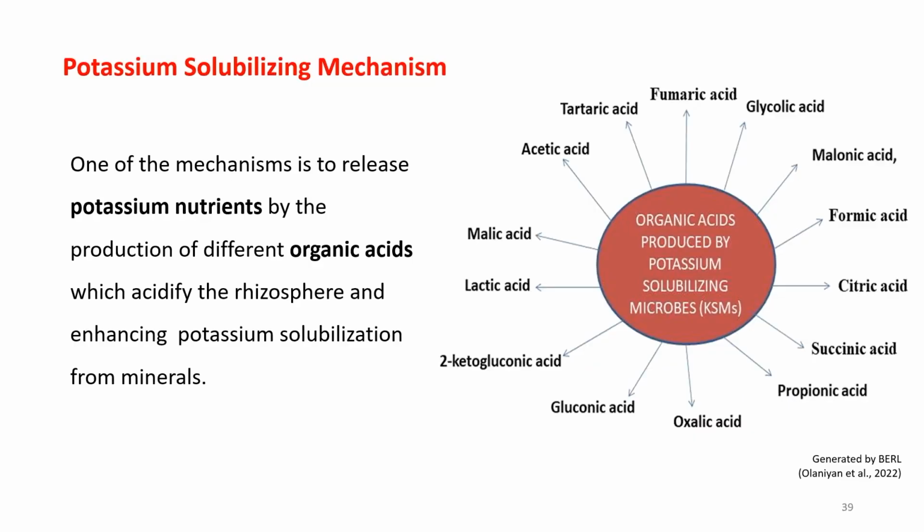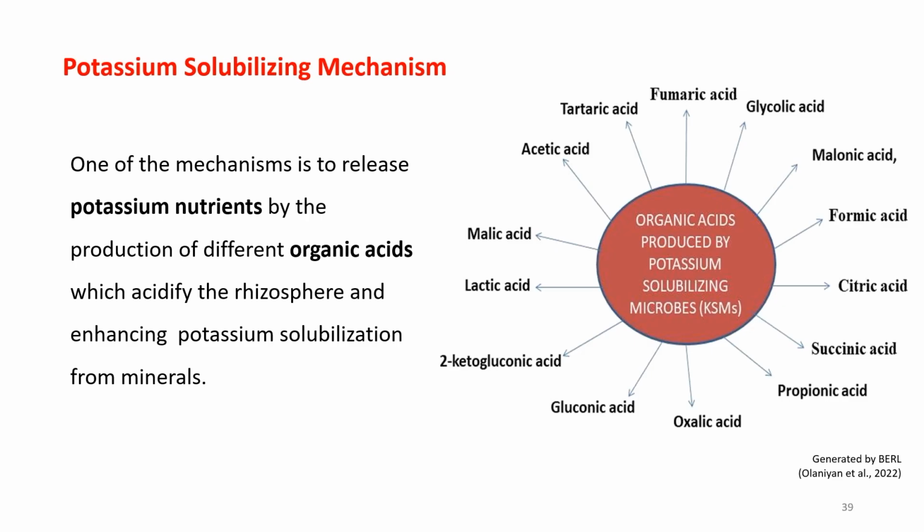So, one of the mechanisms of potassium solubilization is to release potassium by the production of different organic acids, which acidify the rhizosphere and enhance potassium solubilization from minerals. So, organic acids produced by potassium solubilizers act on different kinds of sources and make the potassium available.